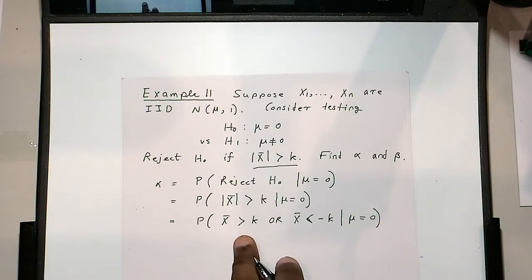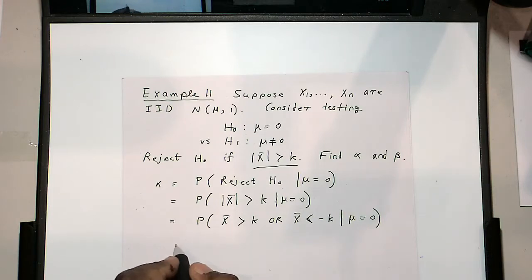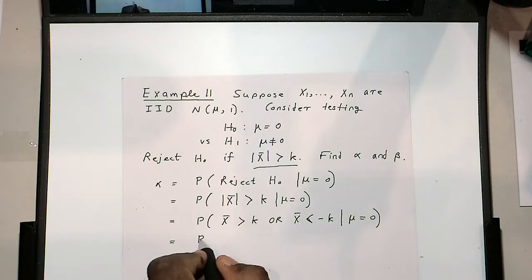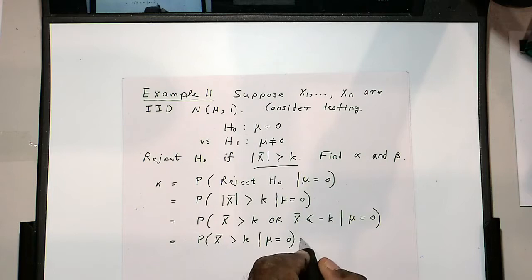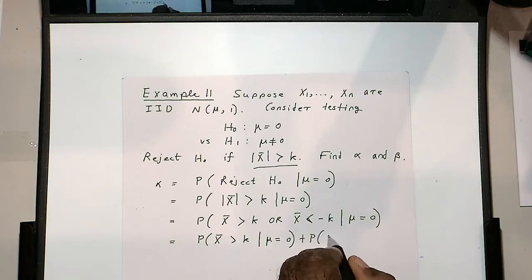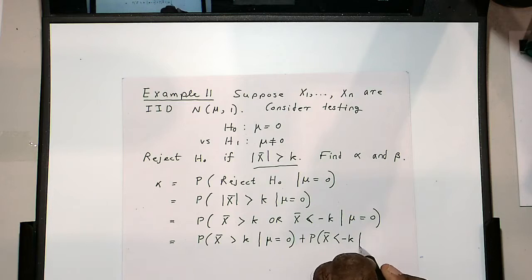Now these two events are mutually exclusive, meaning that they cannot occur at the same time, right? So therefore their union, you can write as the sum of the probabilities. Are you with me? All right.